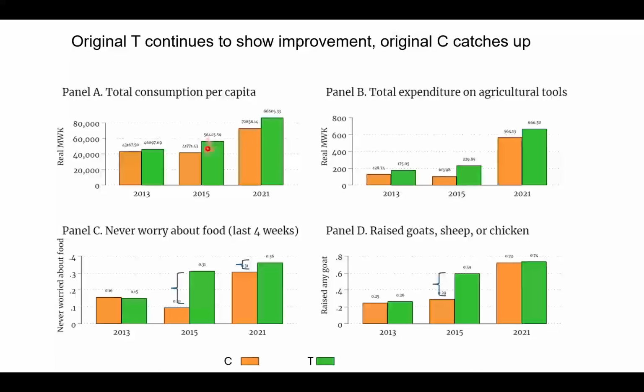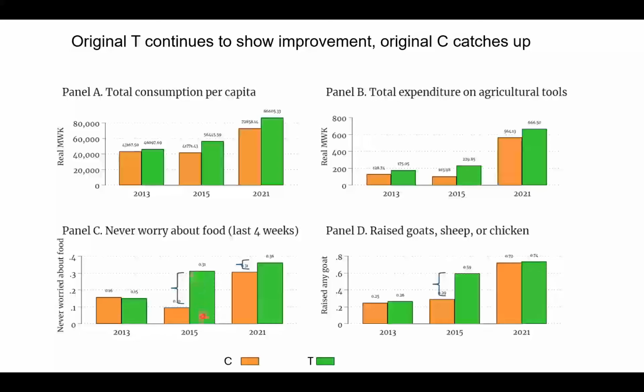Then you get to 2021 and notice that this is all in real terms, so it's all real kwacha. Everyone has gotten better, and it looks like the control group has improved such that this separation is no longer statistically significant. If I go down to 'never worried about food in the last 4 weeks', again baseline is balanced.